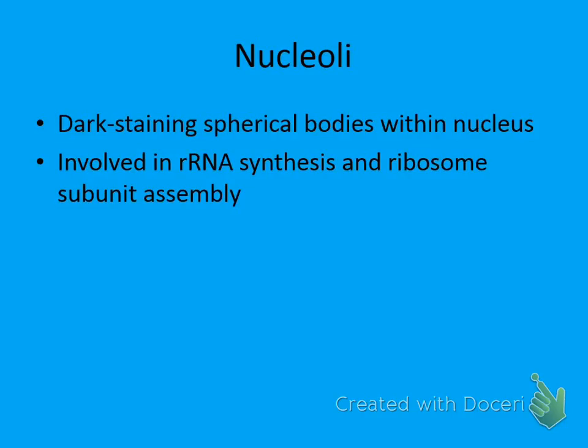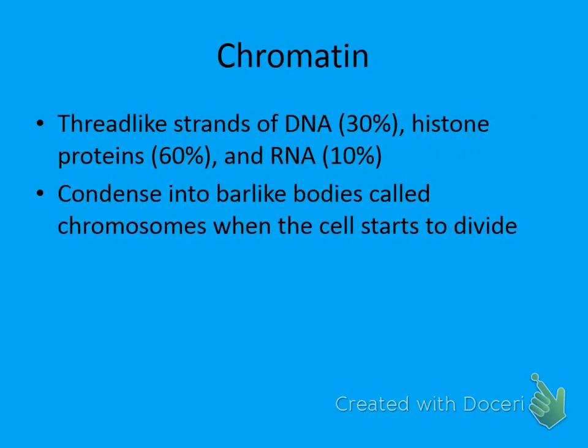So we take the DNA, we unzip it, we open it up, we make a copy of one side of that DNA called ribosomal RNA. We ship it outside of the cell into the cytoplasm where it can be combined with the ribosome, and it makes the functional units work better so that they work.